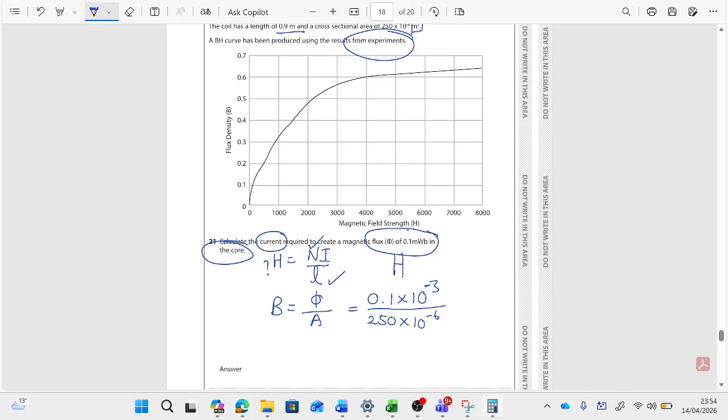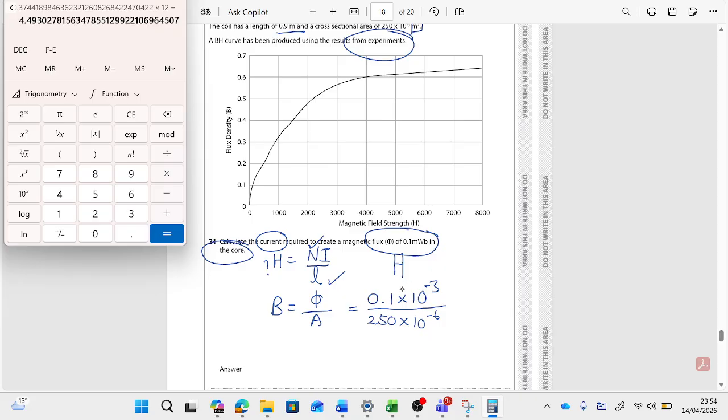Okay, so we put that in the calculator. So 0.1 times 10 to the power of minus 3.